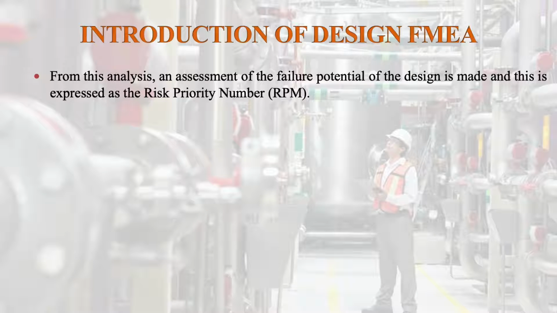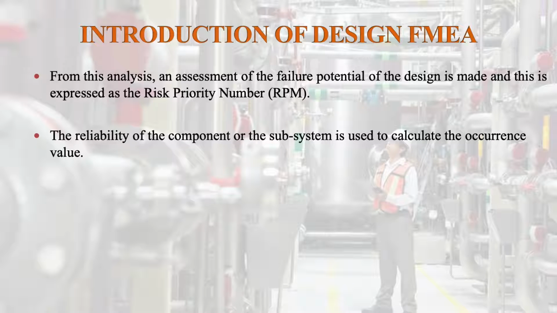From this analysis, an assessment of failure potential of the design is made, and this is expressed as the risk priority number. The reliability of the component or the subsystem is used to calculate the occurrence value. To measure anything, we should have some number. So here we have to find out the risk associated with that failure mode, a failure of a particular machine or a process. So what will be the effect?